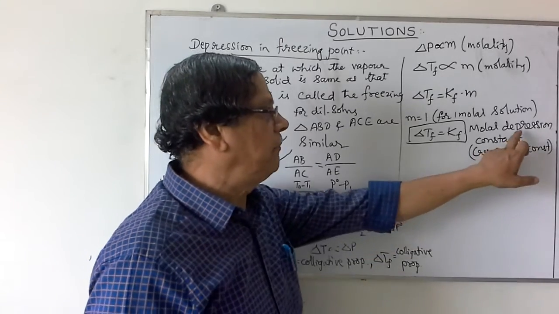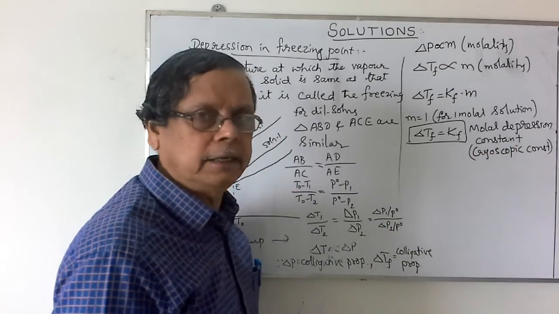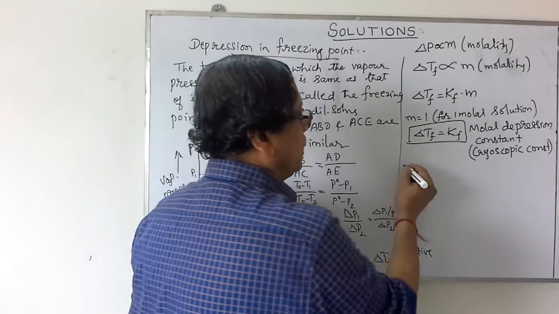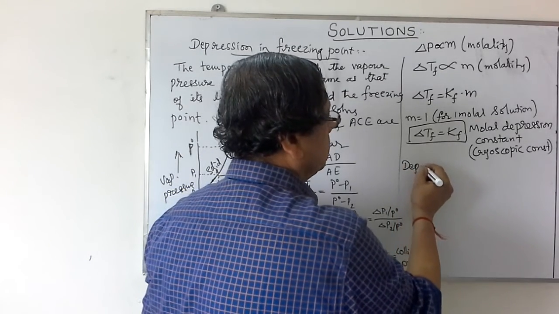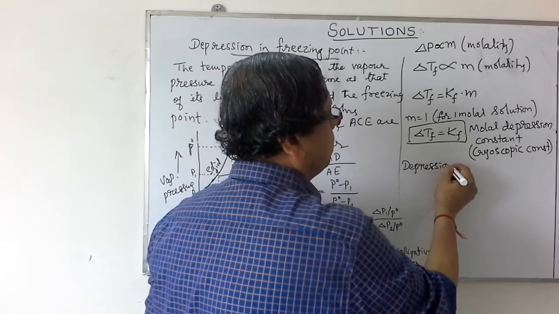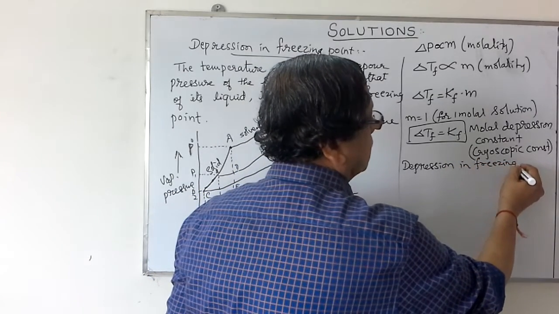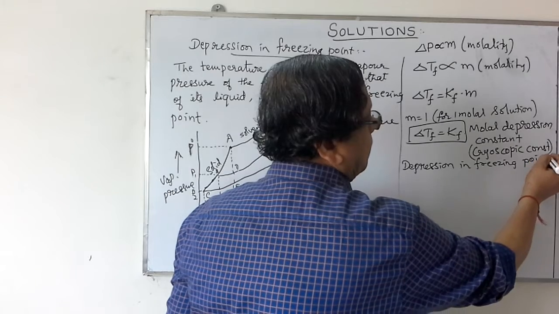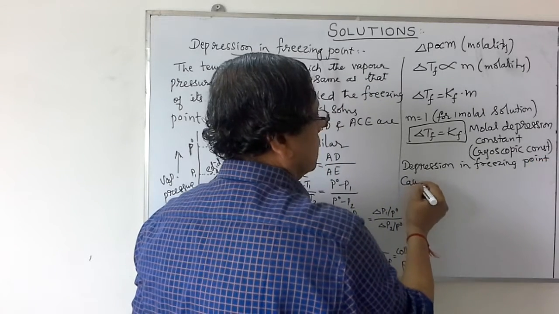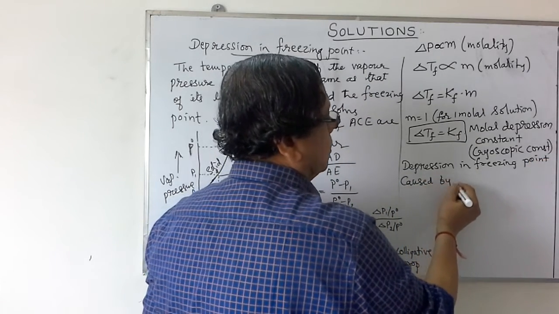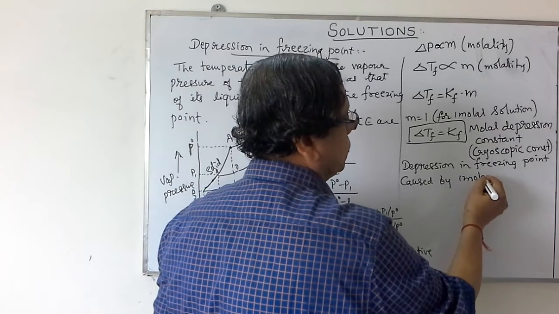If you are asked to define what is molal depression constant, then we say depression in freezing point caused by 1 mole of solute.